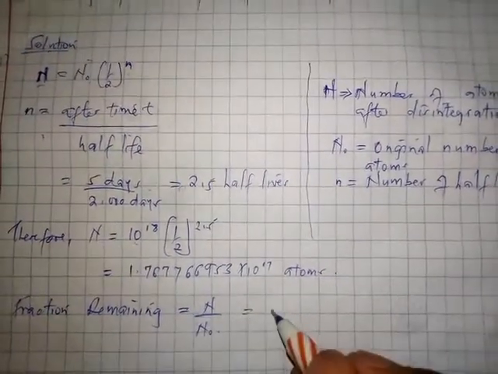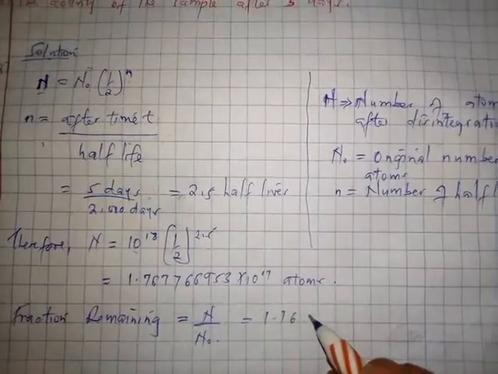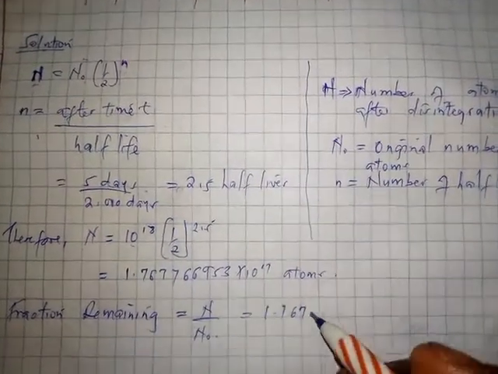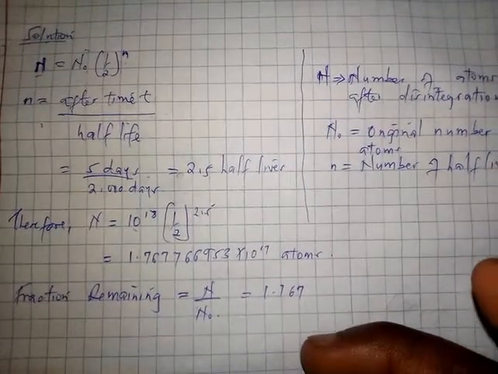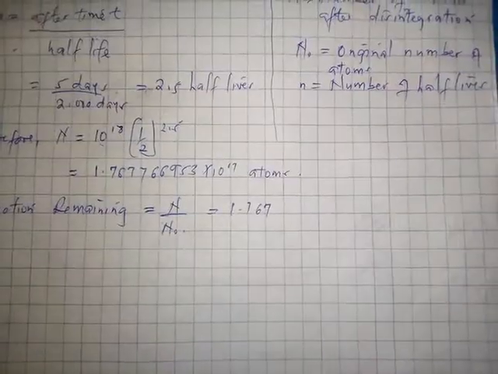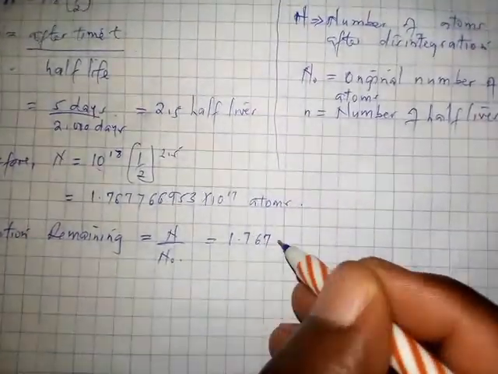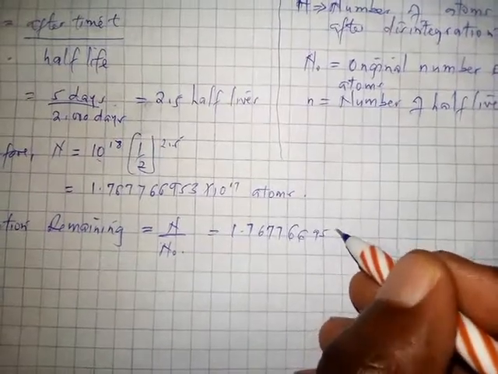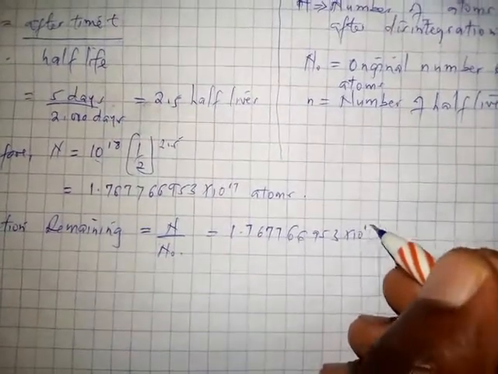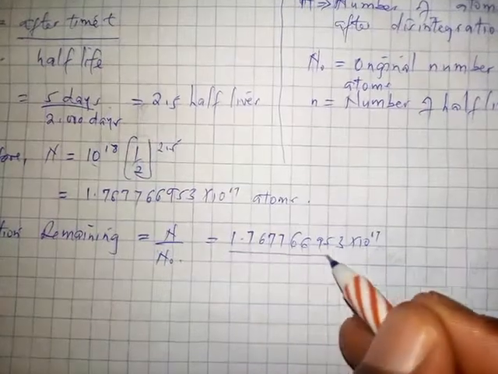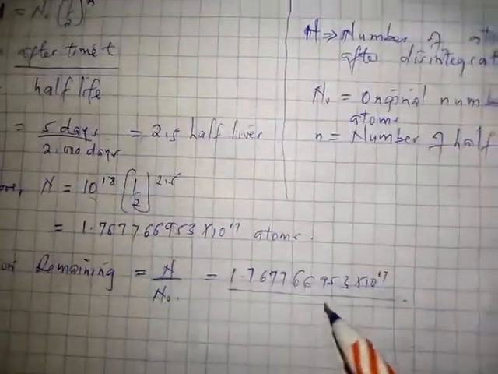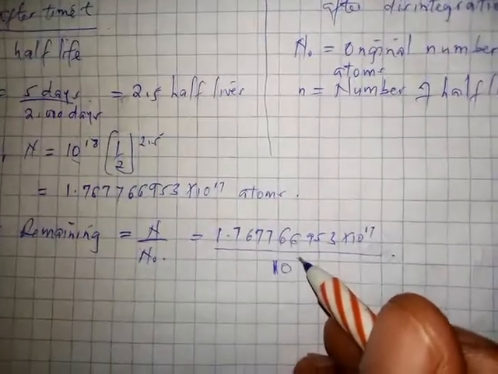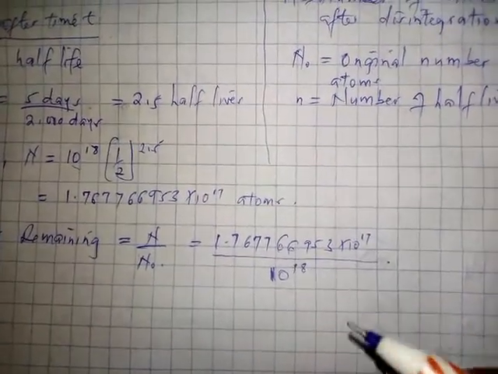Our N is 1.767766953 times 10 raised by 17 divided by 10 raised power 18.